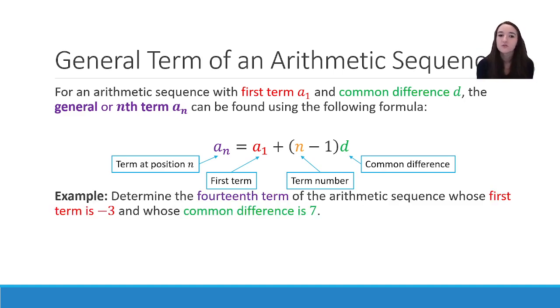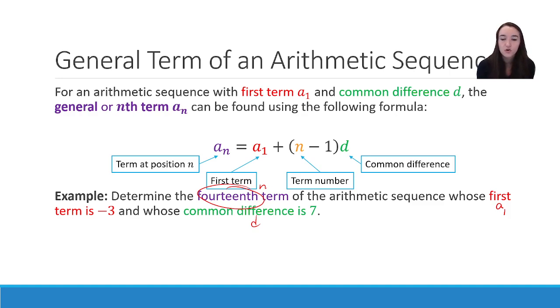All right? So determine the 14th term of the arithmetic sequence whose first term is -3 and whose common difference is 7. So first we're going to write out our variables and what they are equal to. The first term, A1, is -3, right? The common difference, D, is 7, and the 14th term means that n is 14.